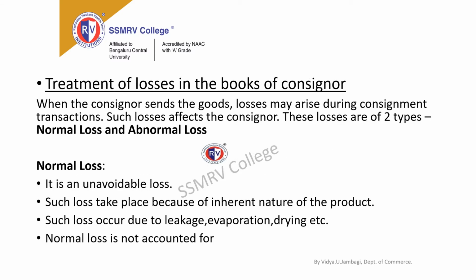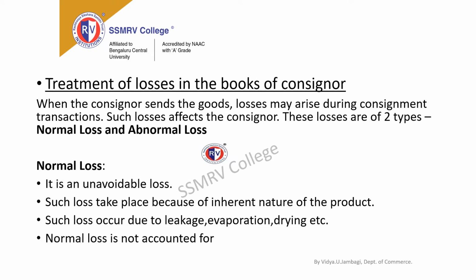The next important aspect in consignment accounts is the treatment of losses in the books of consignor. When the consignor sends the goods to the consignee on consignment, there are chances that he may incur some losses when the goods are in transit, or till the time the goods reach the consignee.